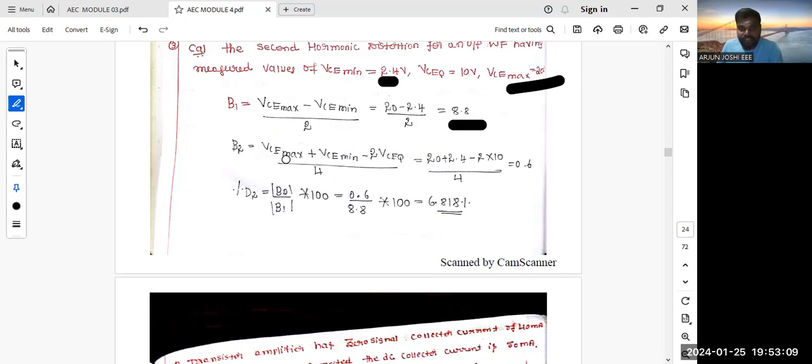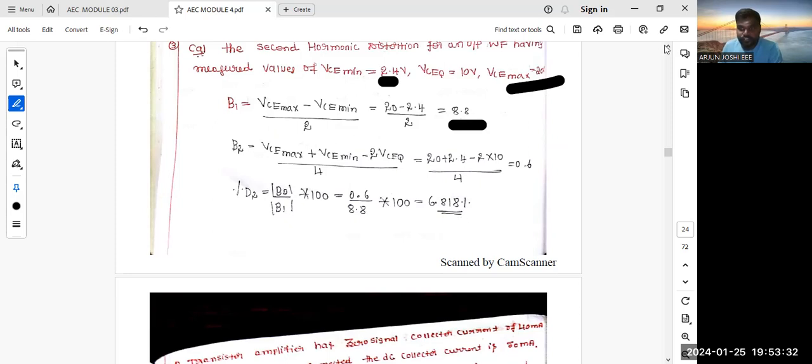Substituting, 20 plus 2.4 minus 2 into 10, divided by 4, is equal to 0.6. Percentage D2 is equal to B2 divided by B1 into 100, that is 0.6 divided by 8.8 into 100.